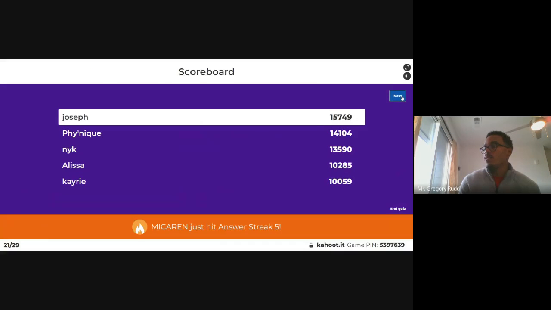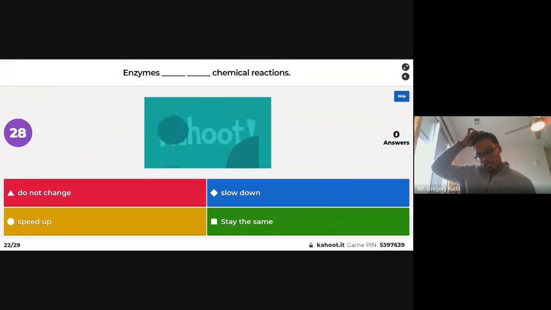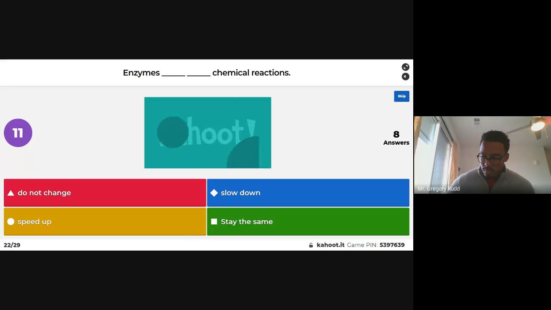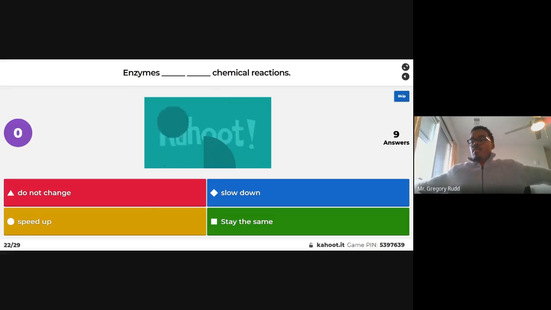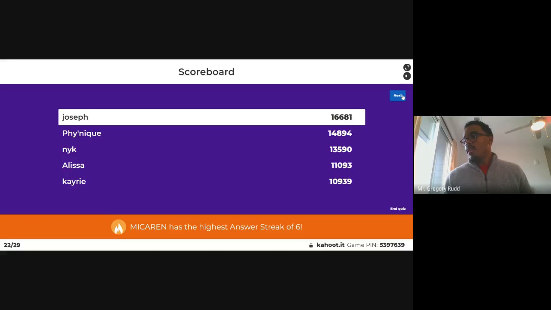Okay, everybody's got some good scores going here. Good job. Enzymes blank blank chemical reactions. They speed up chemical reactions. Good. That was kind of a give me. Good job.